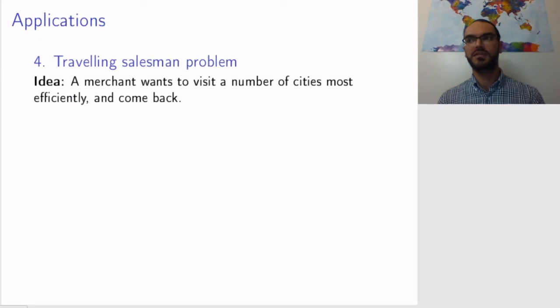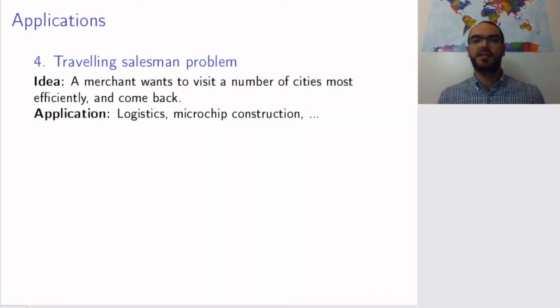So they want to do it in the most efficient way and come back to where they started. And this has applications in logistics. So if you actually want to construct routes between cities, when you construct small microchips, you want somehow the information to go the shortest possible way, and so on.